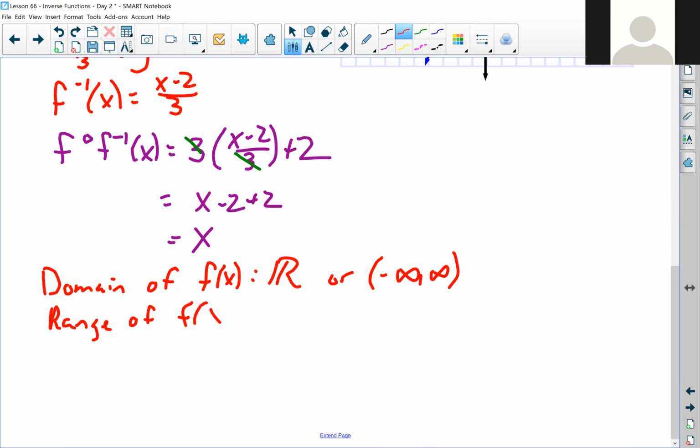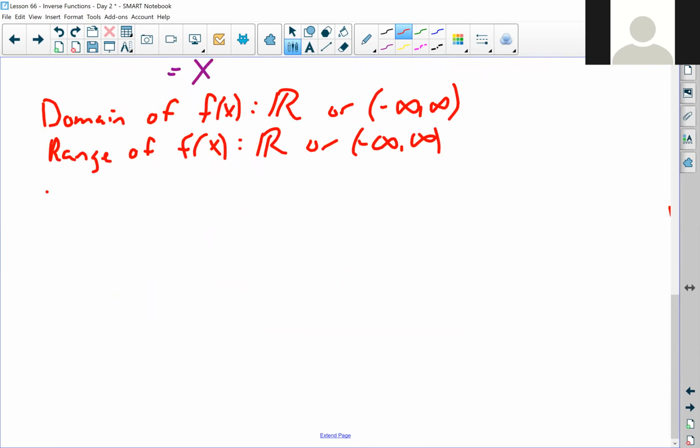Range of F, also all real numbers. So when you do the domain of the inverse, that's the same as the range of the function, so it's all real numbers. And the range of the inverse.